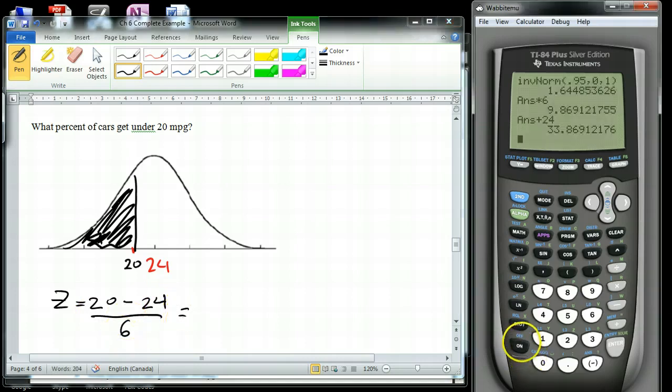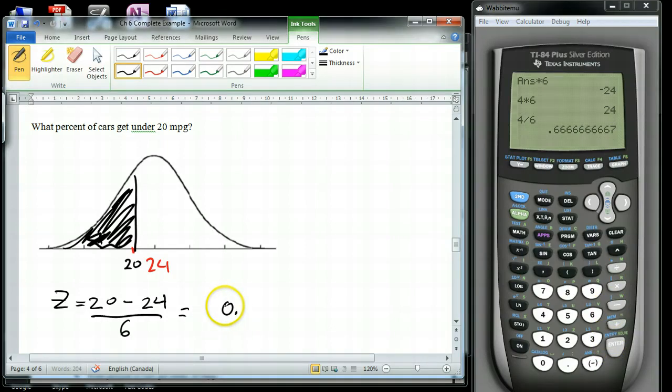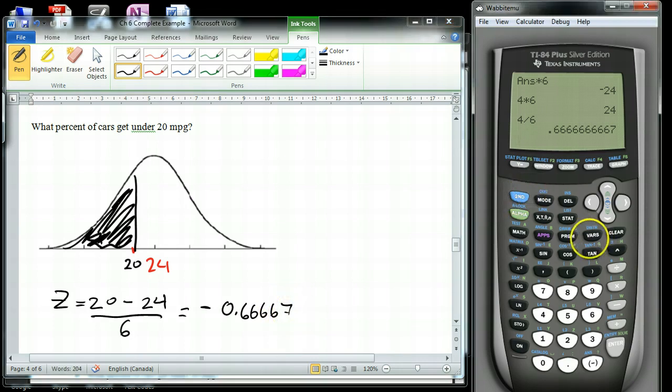I think we did this one already. 20 minus 24 divided by 6. 4 divided by 6 is 0.666, so negative 0.6666 here. Okay, I guess I can put a 7 there, round it up. Let me get the corresponding area.